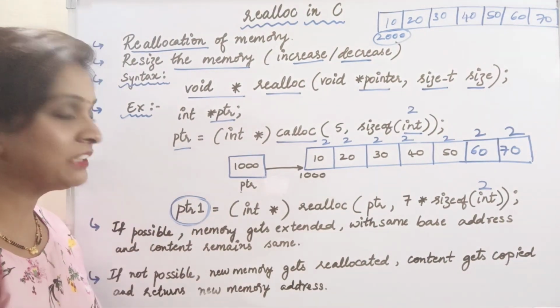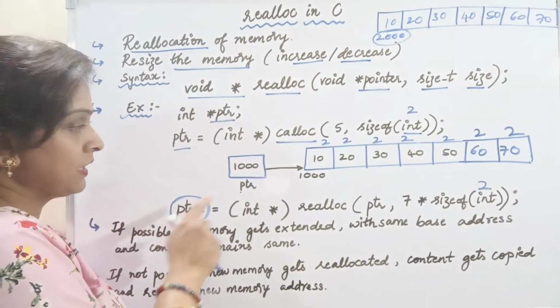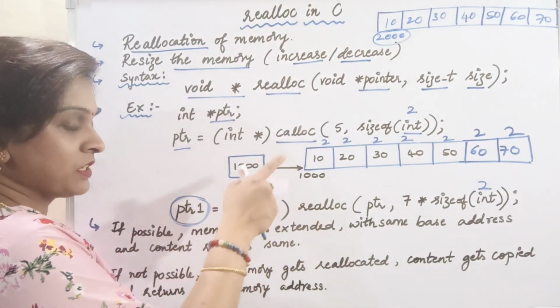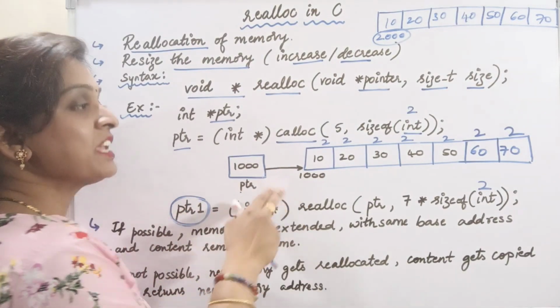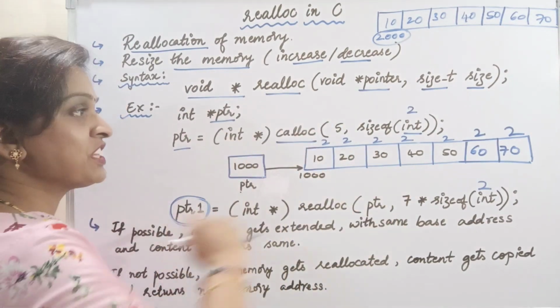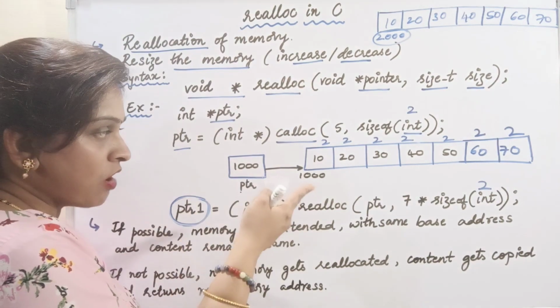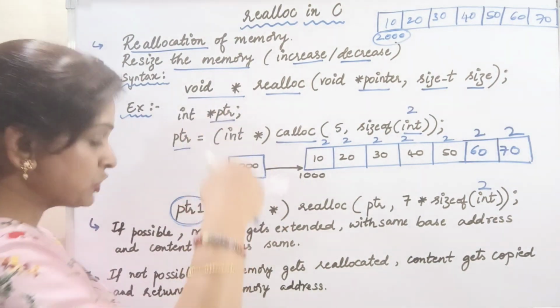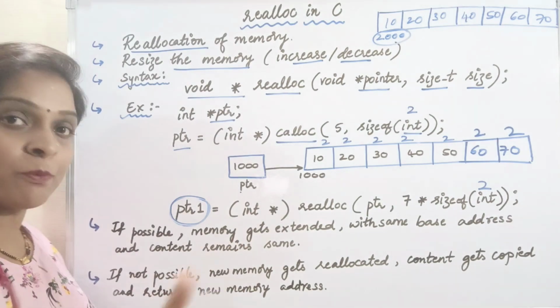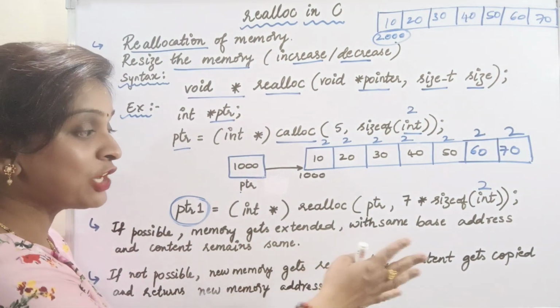So you can also print that address. If you print PTR, you will get the same base address if the memory is being extended. If you copy to PTR1 and it is extended, you get the same address, 1000. If it is not possible to extend the memory, then it is going to allocate a new memory.